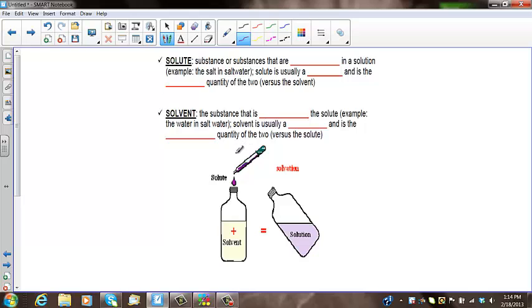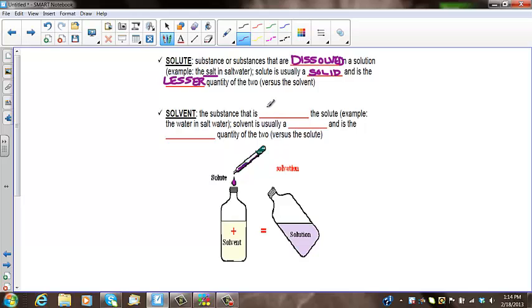As I just mentioned, the solute is the substance or substances that are dissolved in a solution. For example, the salt in the water. So the salt would be the solute. The solute is usually, in most cases, a solid and is the lesser quantity of the two items being mixed.